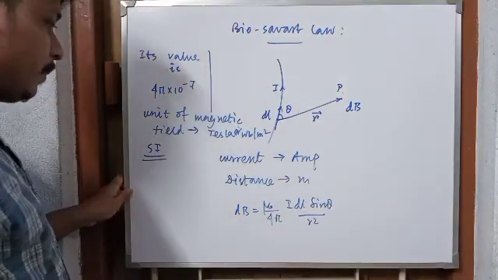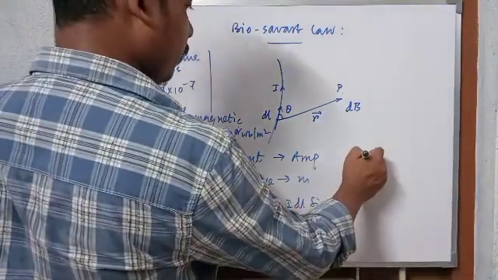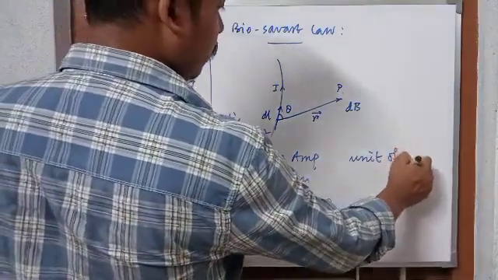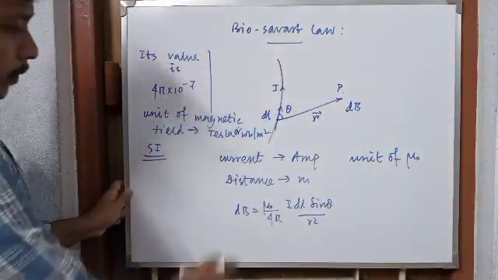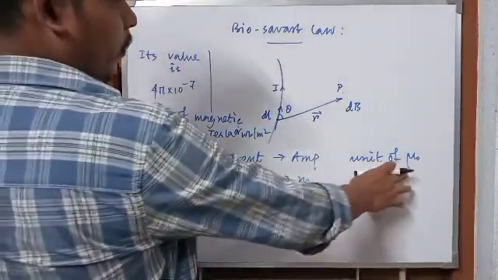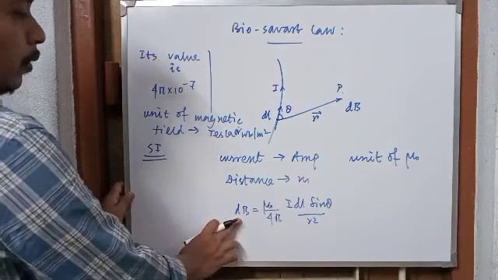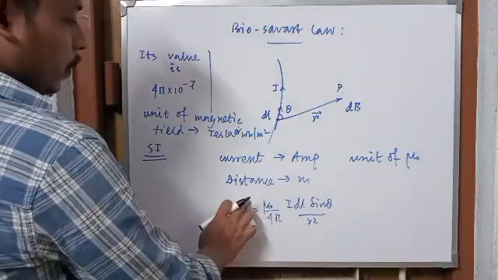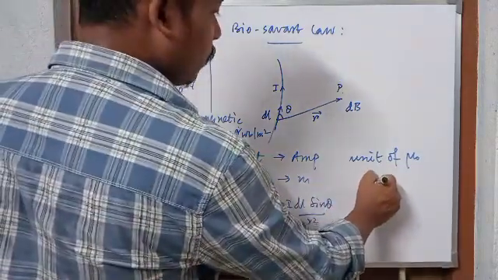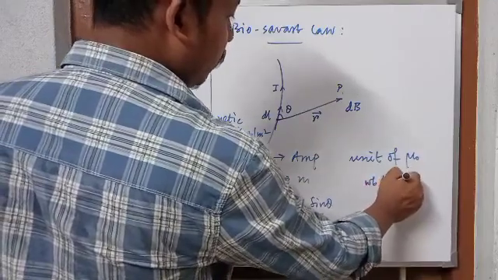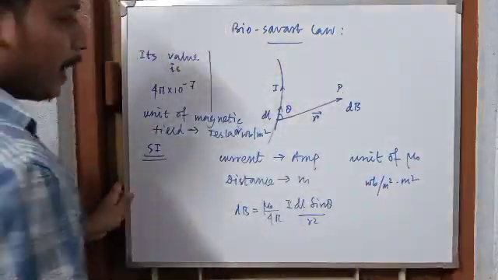We can say that the unit of mu naught will be dB, Weber per meter square, times r square, that is Weber per meter square into meter square by I dl.